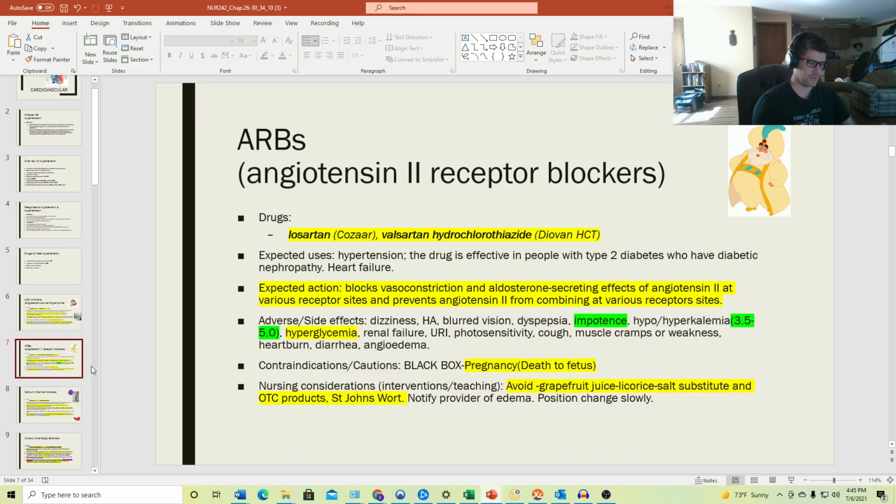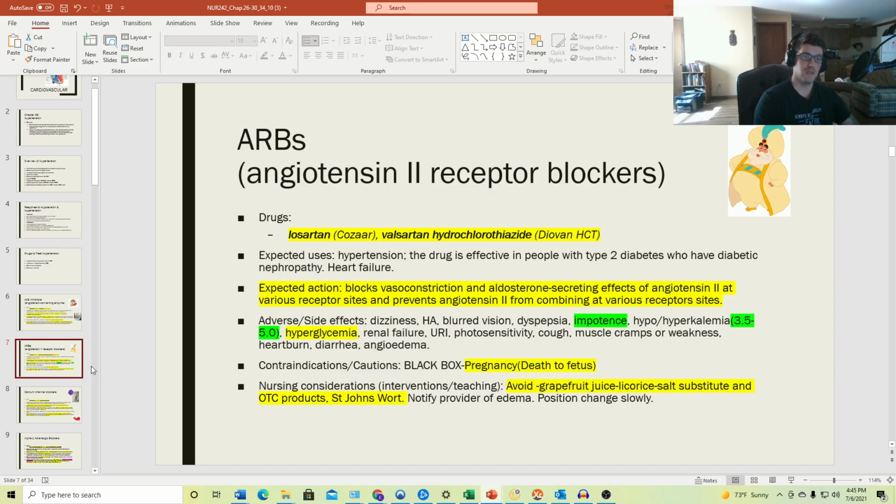I don't remember what the units were, but just know those numbers: 3.5 to 5.0 for hyper/hypokalemia. If it's outside that range, you need to know that. Hyperglycemia, renal failure, URI, photosensitivity, cough, muscle cramps or weakness, heartburn, diarrhea, and angioedema.